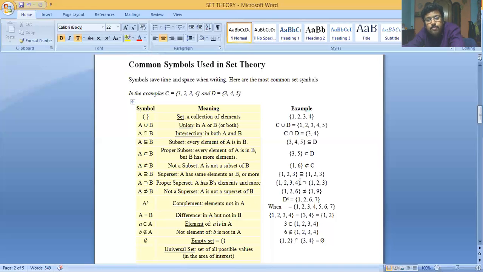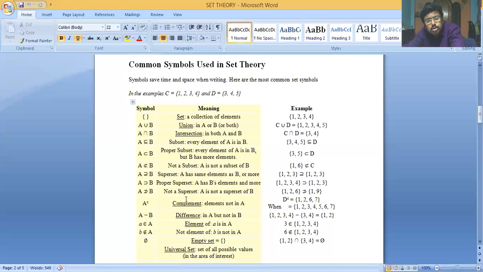So A has more. 1, 2, 3 are the elements in B, and 1, 2, 3 are also in the set A, but there is another element 4 which is not in B. So A is a proper superset of B.